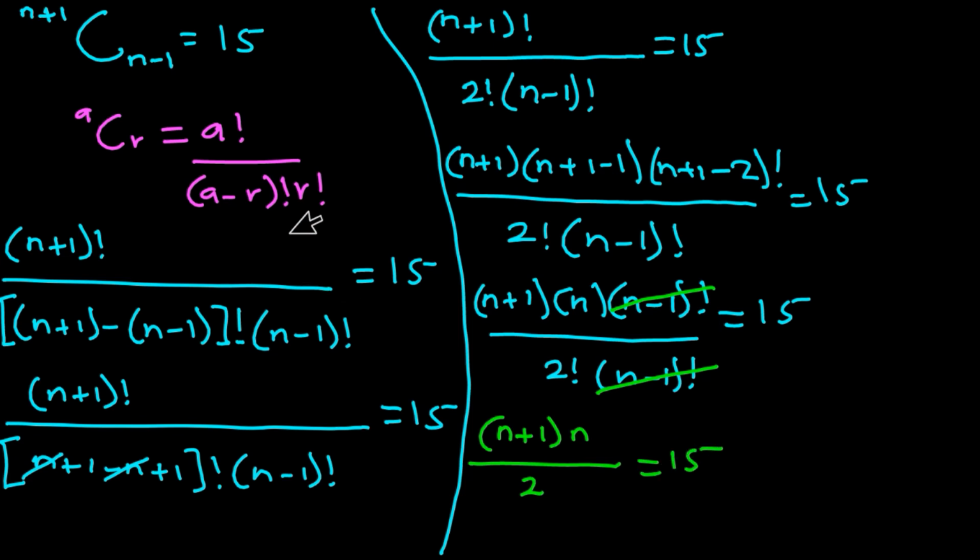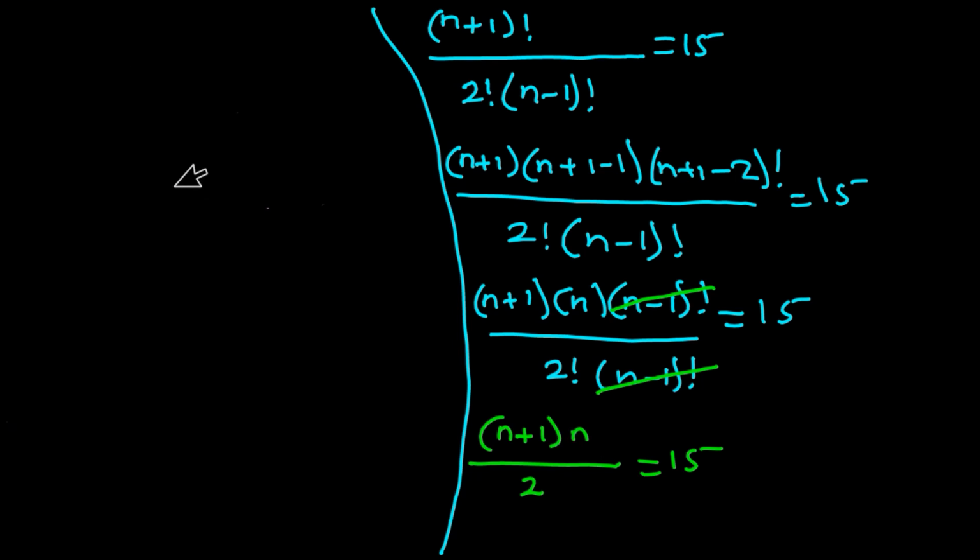So I will clear here. Right, so we have n times n is the same as n squared, then n times 1 is n, over 2 is equal to 15. And don't forget that this 15 is over 1. So I can cross multiply.